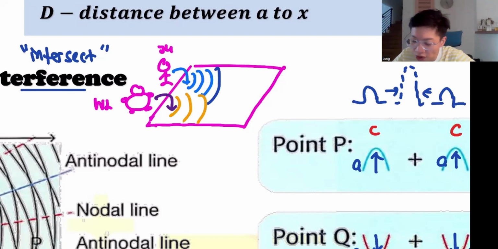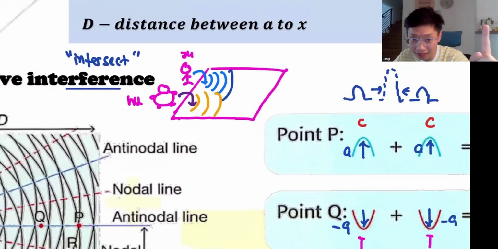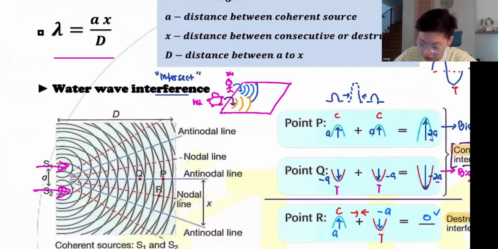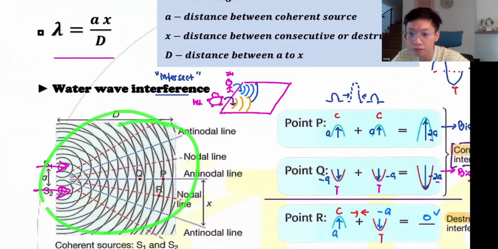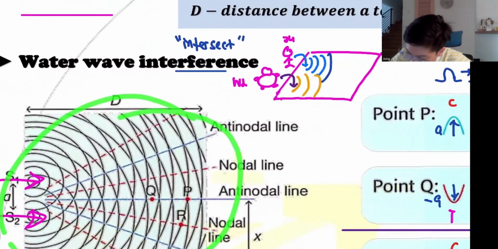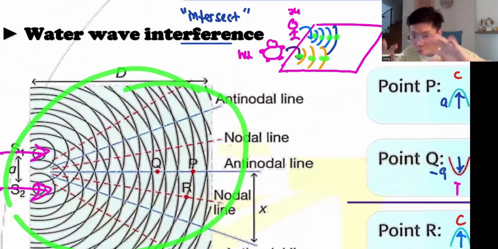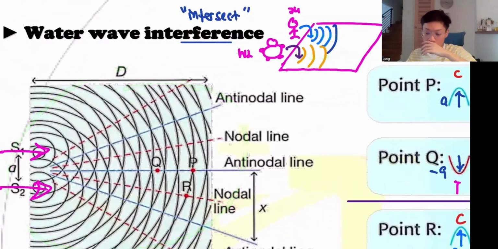So do you think these two waves will produce interference? Will they intersect each other? The answer is yes. But do you think you will produce a perfect pattern or not? No, right? Because here got 4 waves, here got 3 waves, so the wave number is not balanced. If it's not balanced, you are not going to form such a perfect intersection.